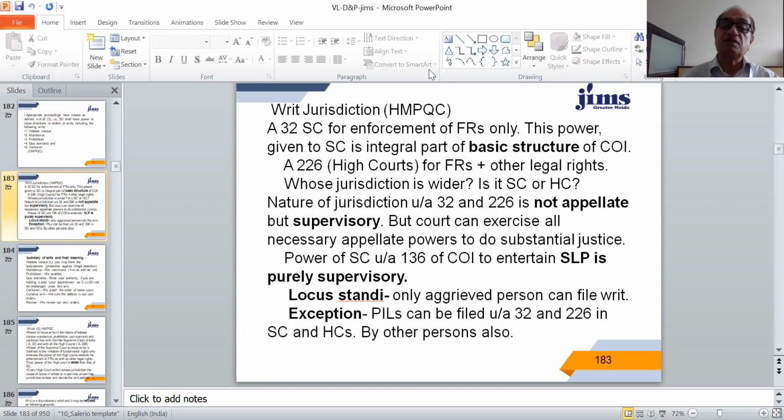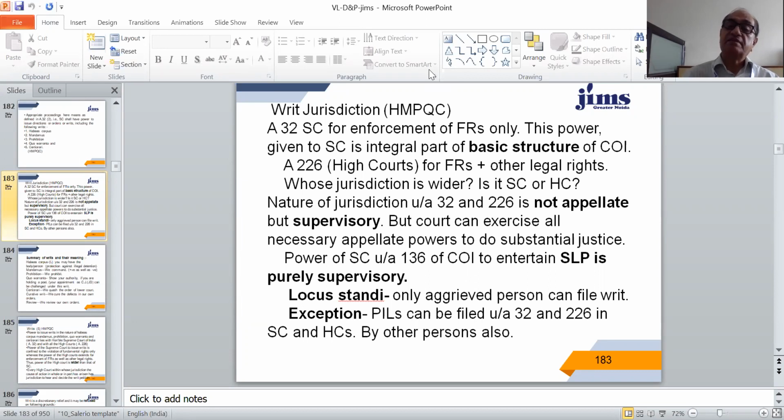You see, the nature of jurisdiction under Article 32 and 226 is not appellate but supervisory. But the court can exercise all necessary appellate powers to do substantial justice.